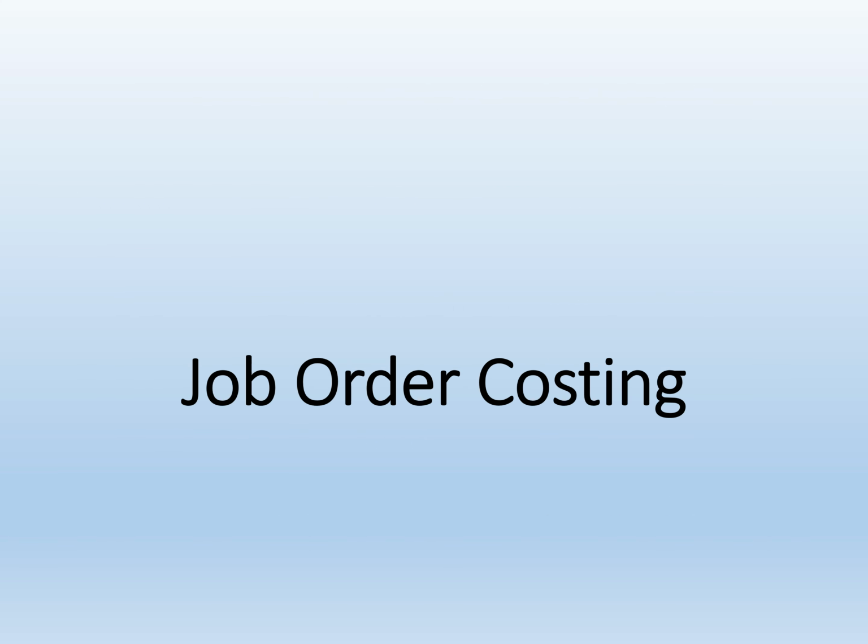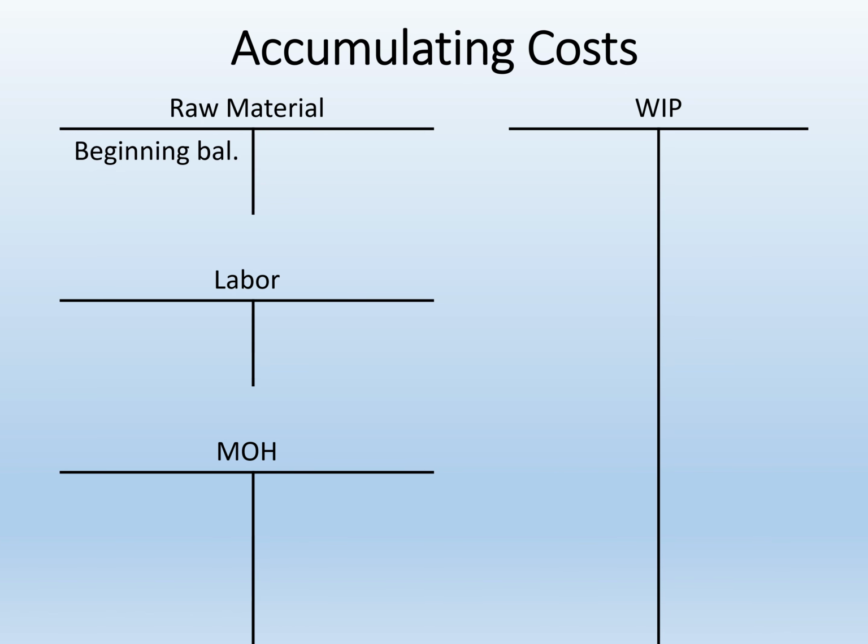The rest of this chapter focuses on job order costing. We will be talking about process costing in Chapter 18. Let's look at how we accumulate costs in a job order firm.